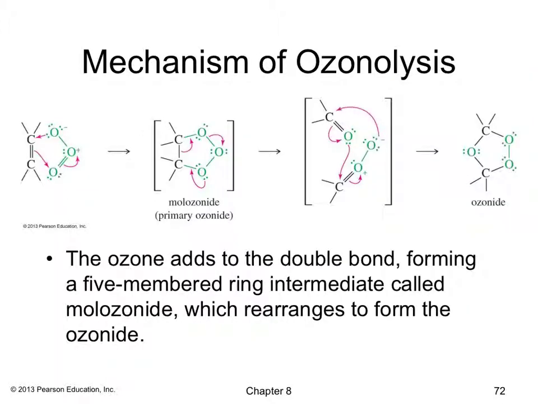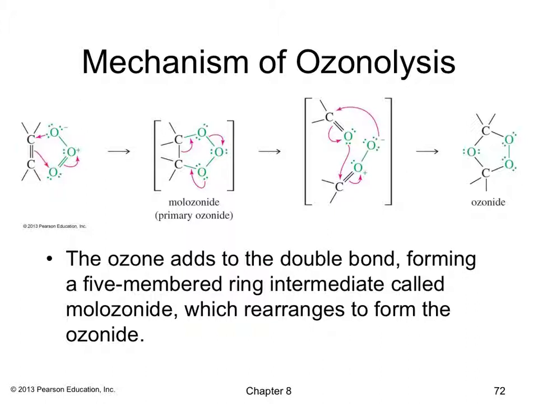So, the mechanism of ozonolysis. Again, the crucial part of drawing these mechanisms is making sure that you're putting the alkene and the ozone, or the reactants, in the right position. You want to make sure the two oxygens are nearly above the two carbons of the carbon double bond. Once you do that, it becomes straightforward.